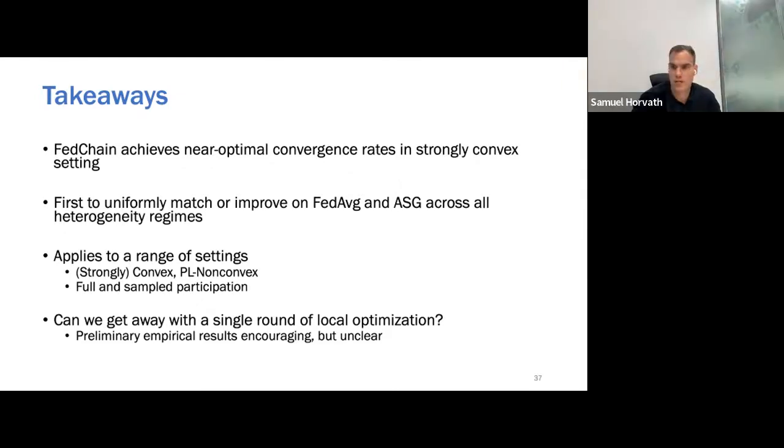I would have maybe two questions. First of all, thank you for a very nice talk. The first question is related to your definition of heterogeneity. When you compared sampling and heterogeneity with respect to clients, your first definition included a max over the clients, so the maximum gap between gradients.